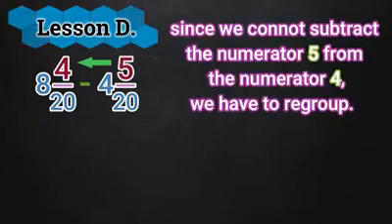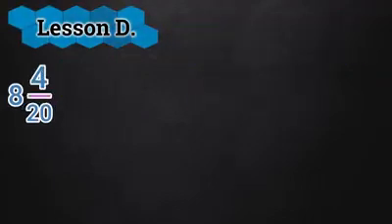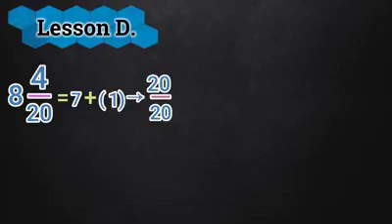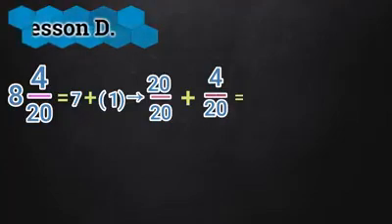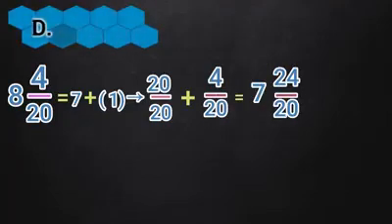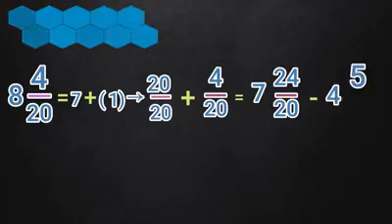Since we cannot subtract the numerator 5 from the numerator 4, we have to regroup 8 and 4/20 equals 7 plus 1, which is equivalent to 20/20 plus 4/20 equals 7 and 24/20 minus the subtrahend 4 and 5/20.